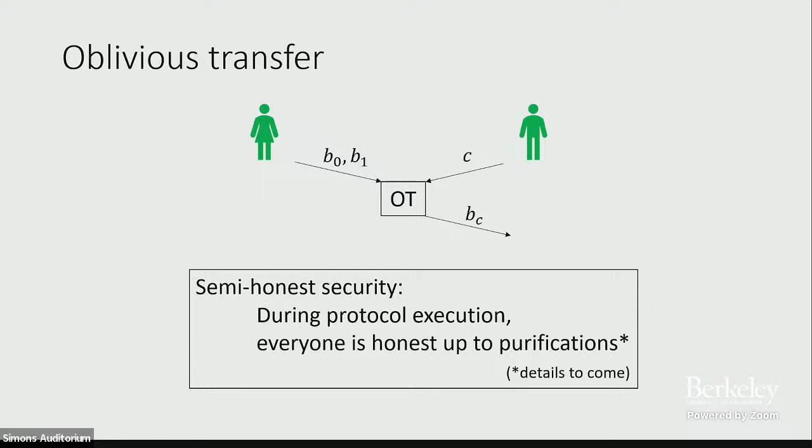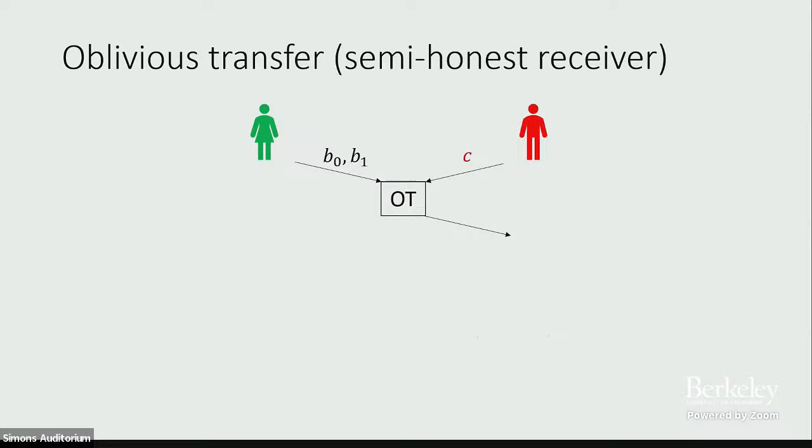What do I mean by purifications? Essentially, parties don't forget. You tell them to measure or to erase, they don't do it, because they purify. So this is our notion of semi-honest security. You can think of other ones, but this is what works for us.